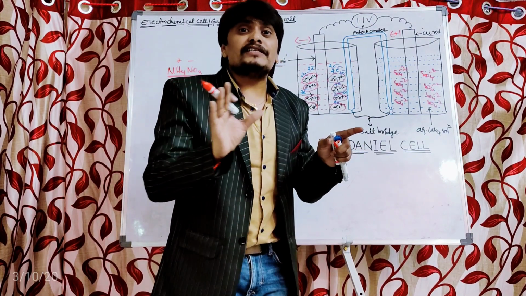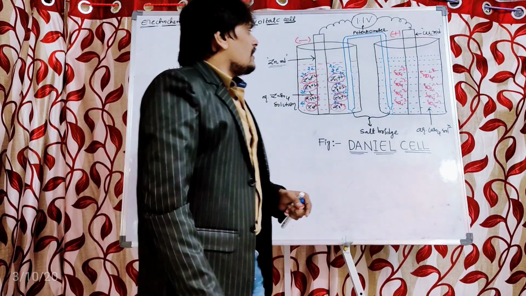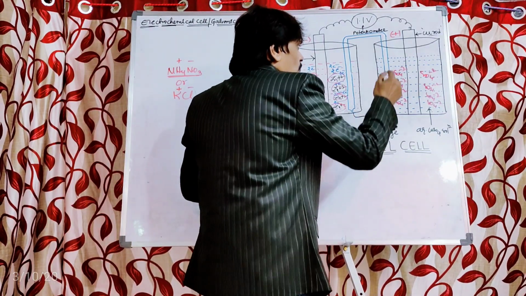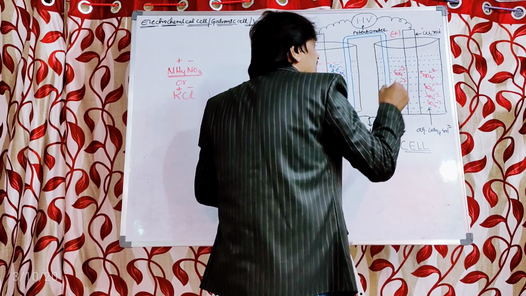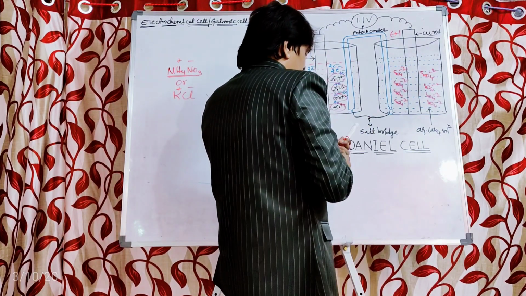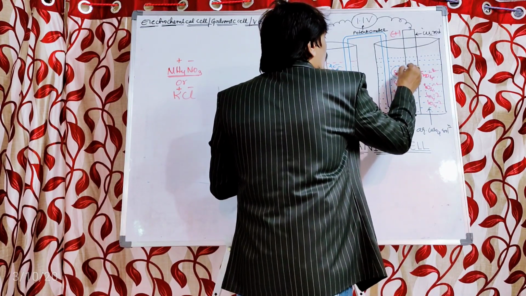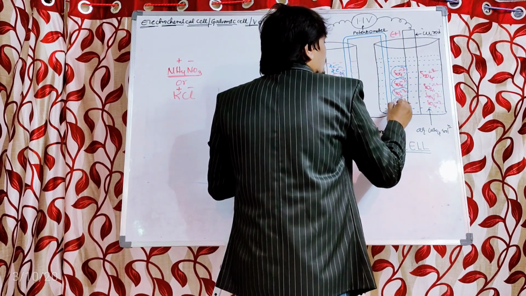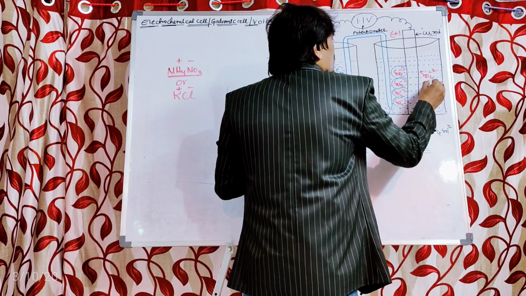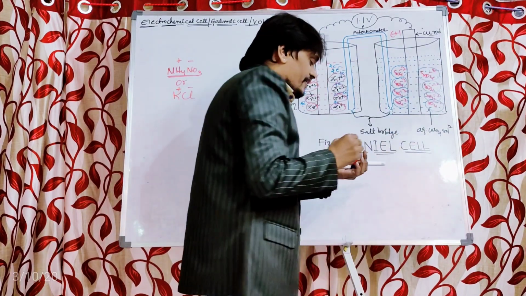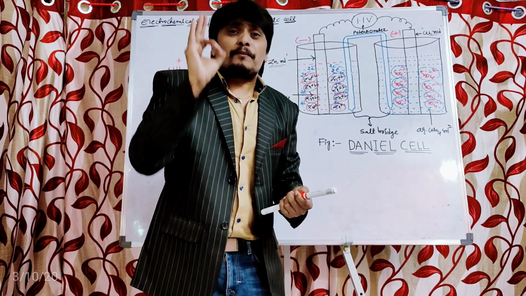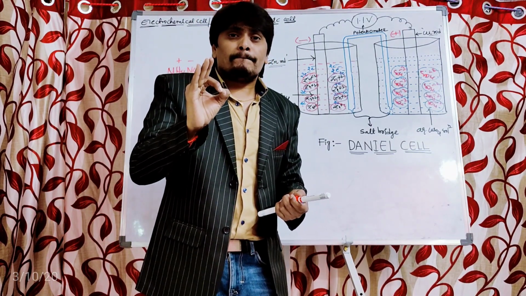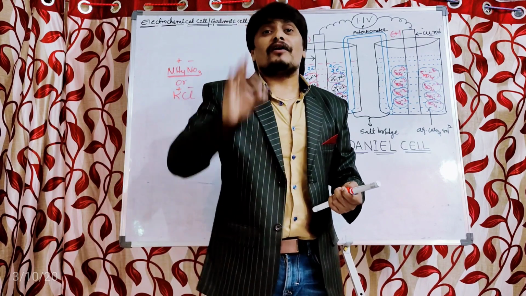So there is a traffic jam. On the other hand, what is happening in the CuSO4? Sulfate ions SO4 minus 2 are left behind, and the concentration of SO4 minus 2 ions increases drastically.